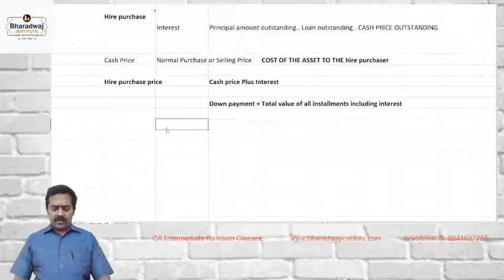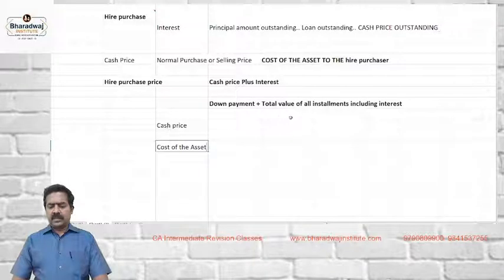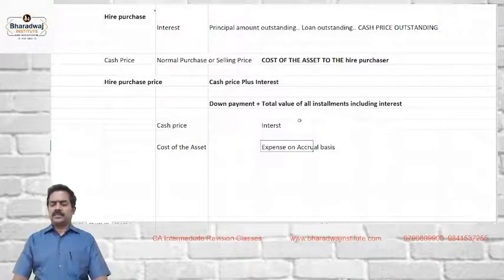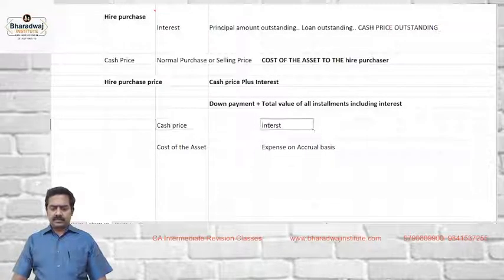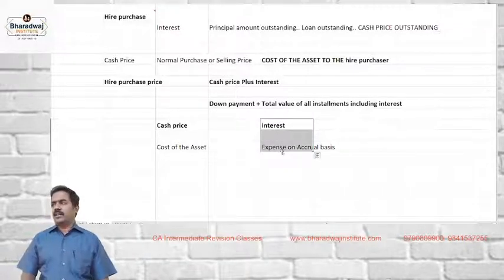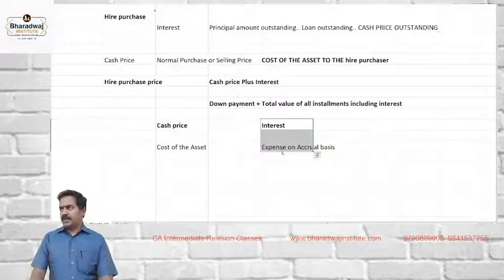Please remember, cash price is recognized as cost of the asset. And interest is recognized as an expense on accrual basis. Cash price will be recorded as cost of the asset, and interest, whatever is payable or paid for each year, will be taken as an expense on accrual basis.